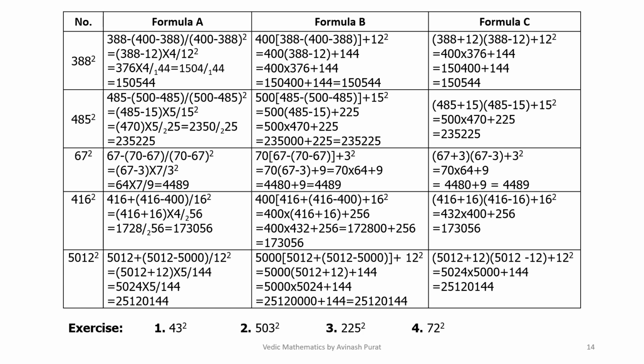The third formula gives (5012 plus 12) multiplied by (5012 minus 12) plus 12 square, that is 5024 multiplied by 5000 plus 144, that is 25120144.